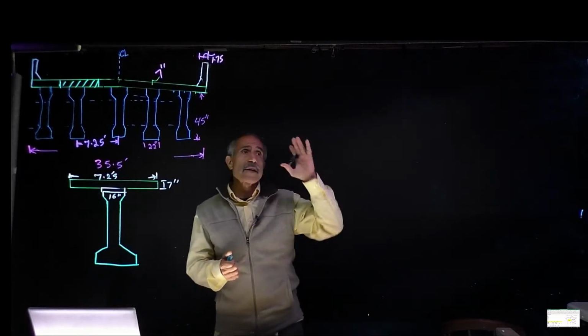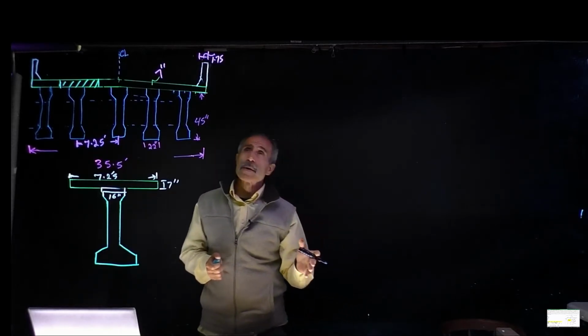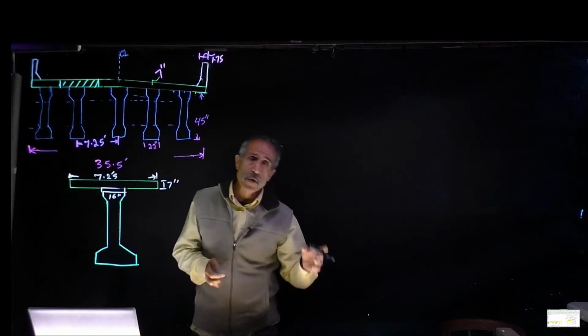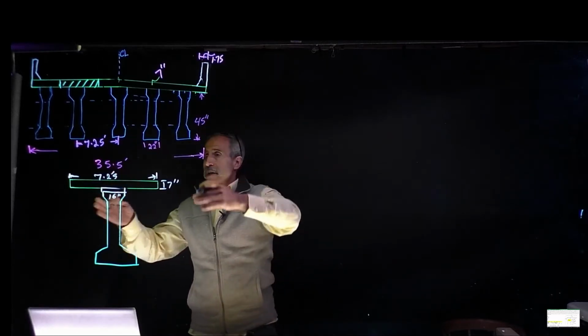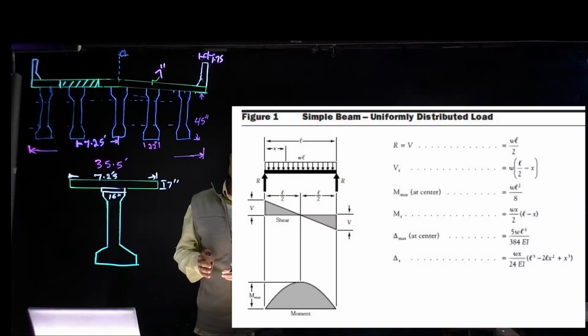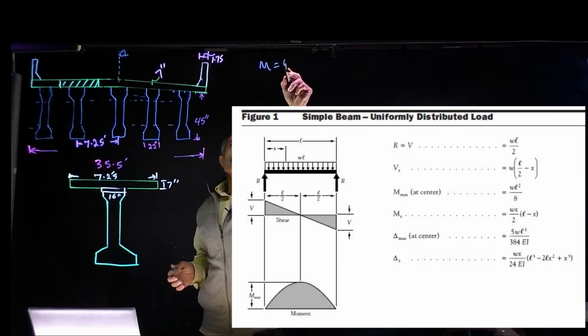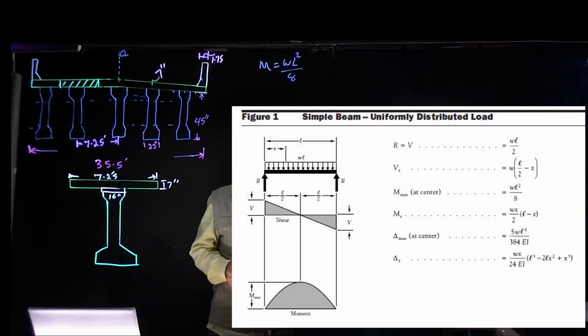Now that we have calculated all the dead load per kip foot, we're going to find the moment. And we know the moment for a beam with a distributed load is M equals W L squared divided by 8. And our first one is going to be the moment of the deck.